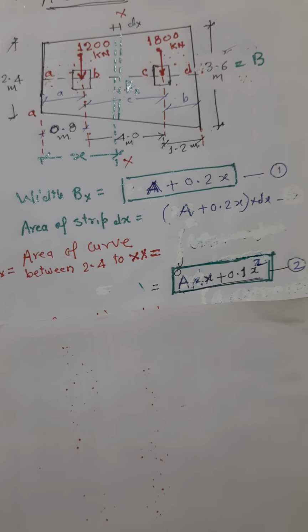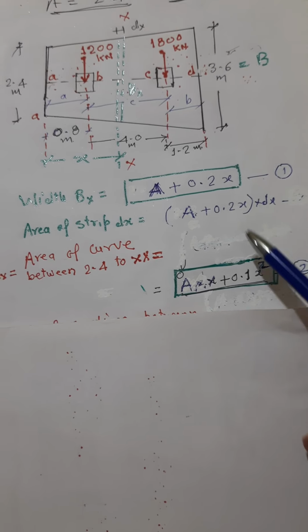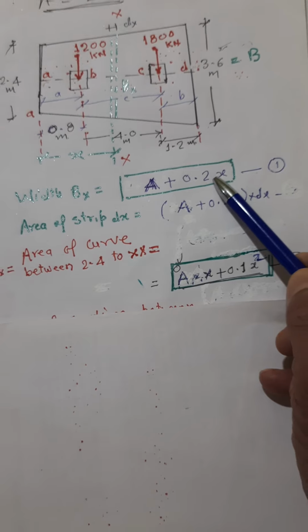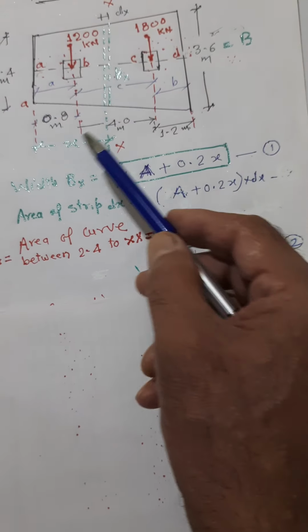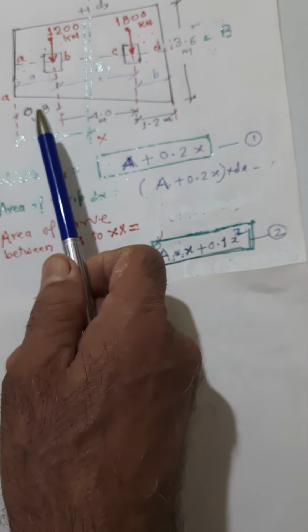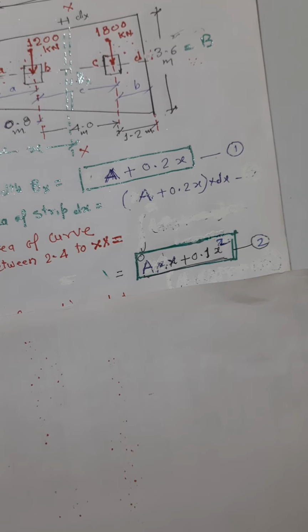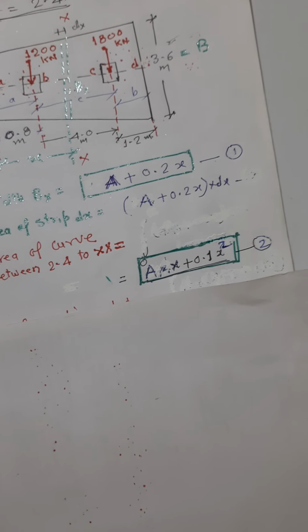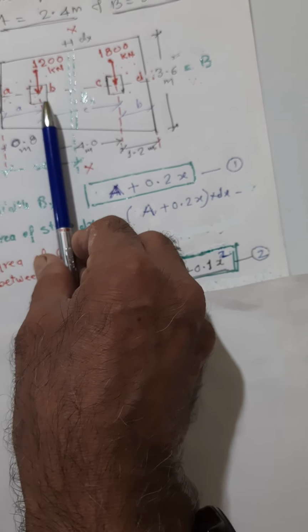So this is the second equation. I am repeating these equations that we call the general equations: for finding the width at any distance x, and the area under that curve between that x and the origin. Similarly, we will have to find the third equation for the CG of the section from this edge.